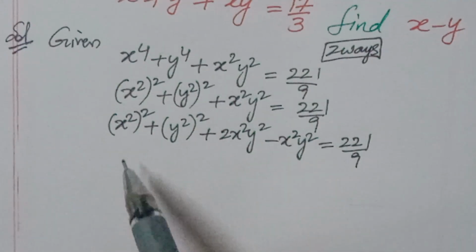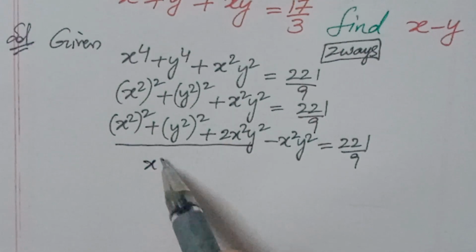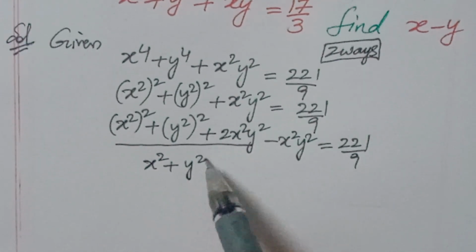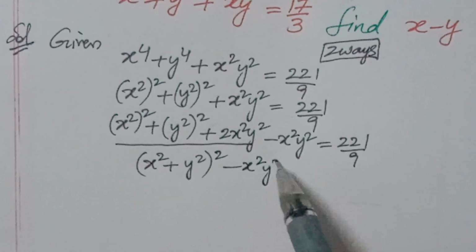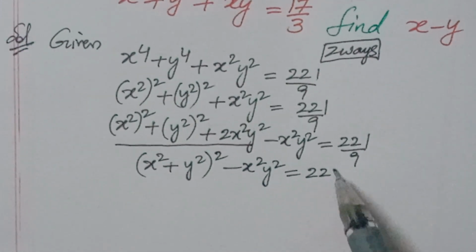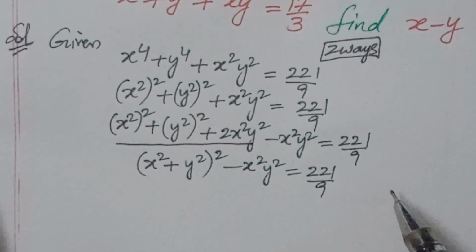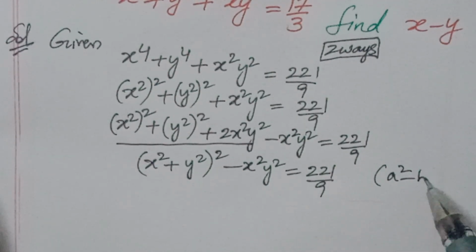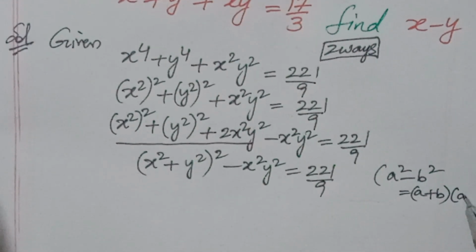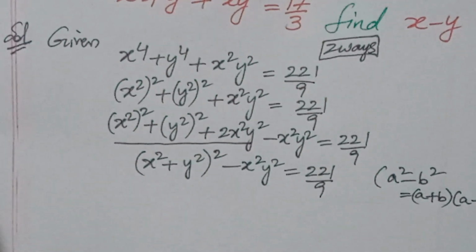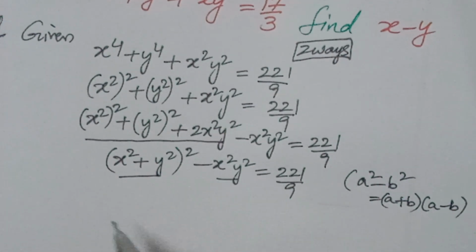Now here a square plus b square plus 2ab is (x square plus y square) whole square, minus x square y square is equal to 221 by 9. So here it is in the form of a square minus b square is equal to (a plus b) into (a minus b). Now this is a and this is b.